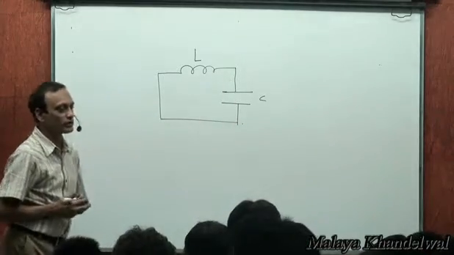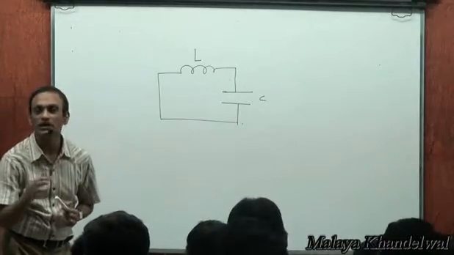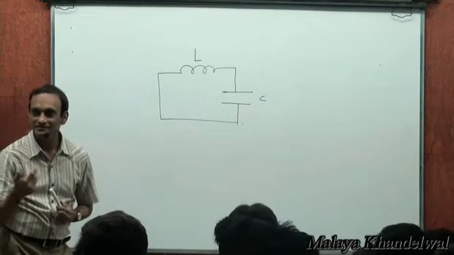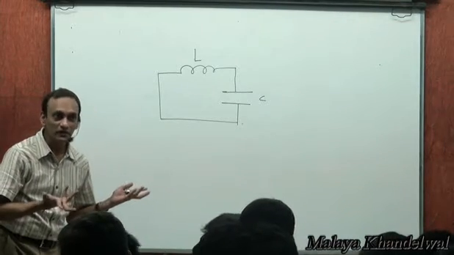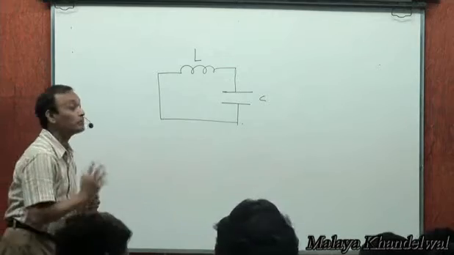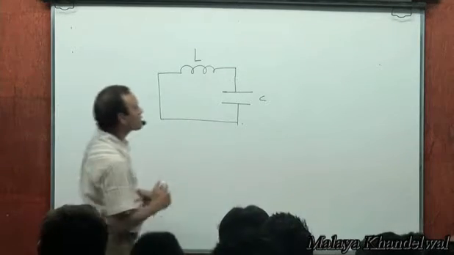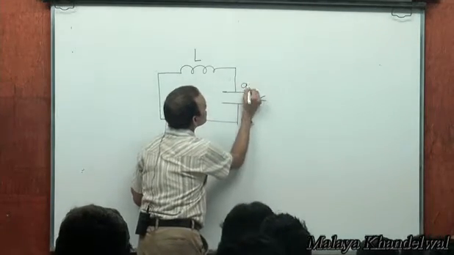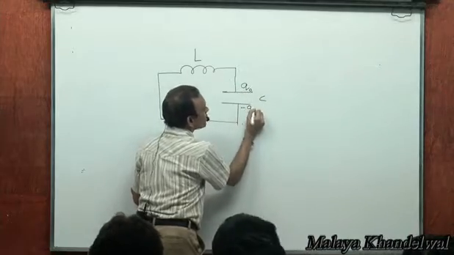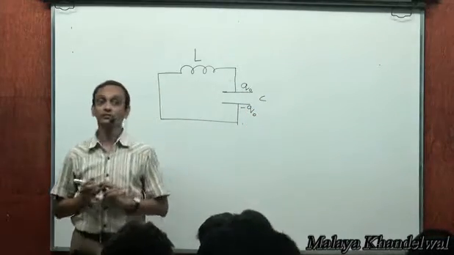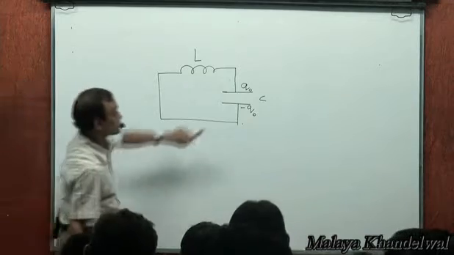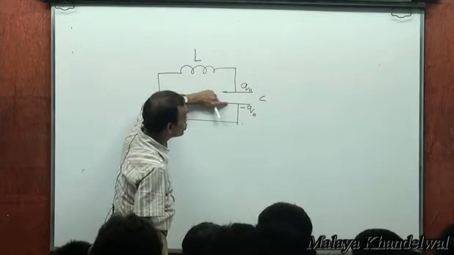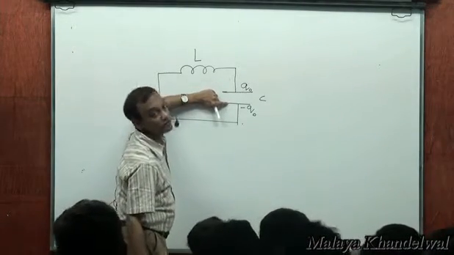Now when I connect them this way, what happens? Nothing happens. Let's say the capacitor was pre-charged to a value Q0, then there is a problem. Because then these two plates are at different potentials.